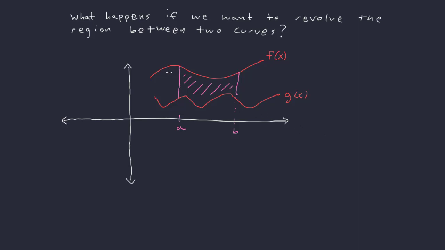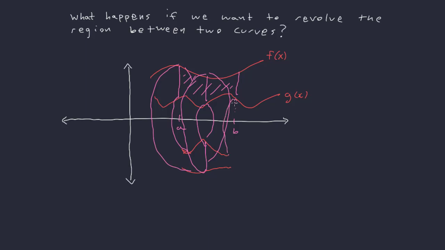If we have this f of x and this g of x, and I actually want to revolve this region between them, and of course I'm terrible at drawing this, but what ends up happening is that instead of revolving circles, we end up revolving little, I think of them as donuts, even though they're two-dimensional, but we end up creating this sort of hollowed out thing, right?